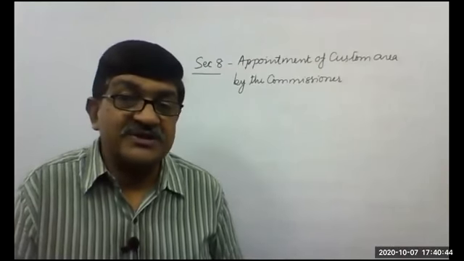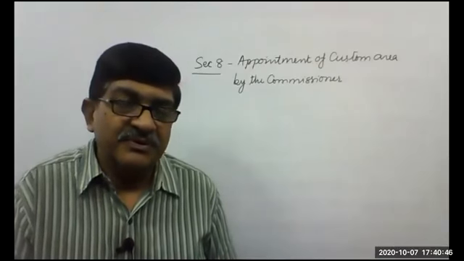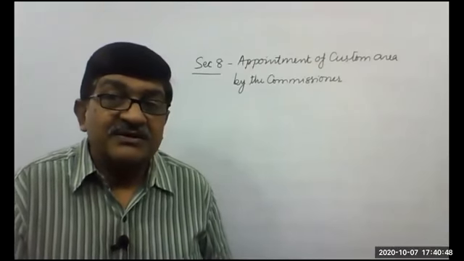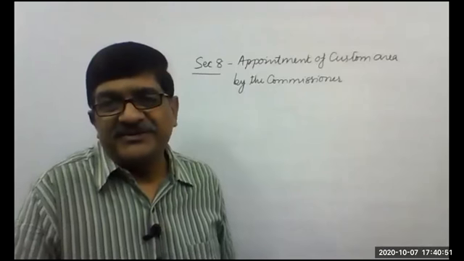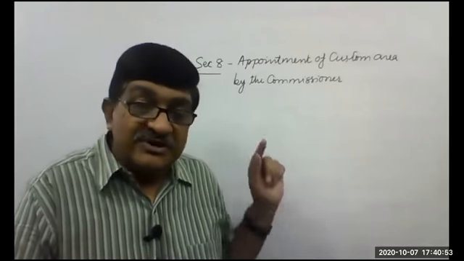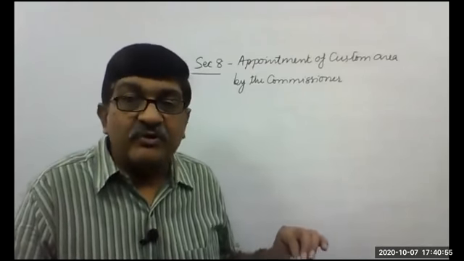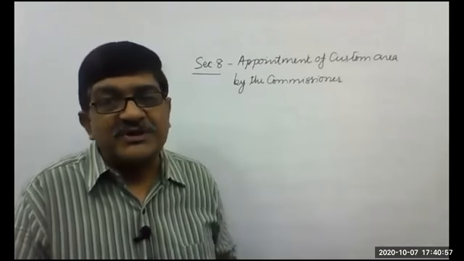Under Section 7, who exercises the powers? CBIT, the Central Board. So it is important to understand under which section who is authorized to exercise the powers.